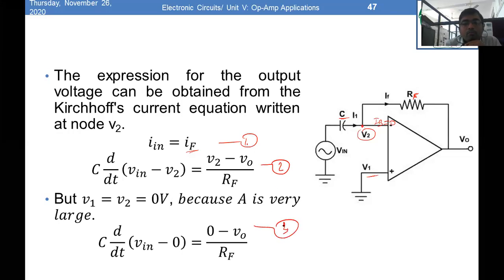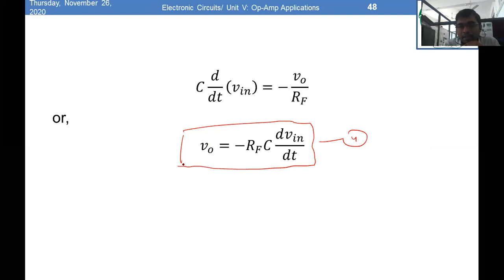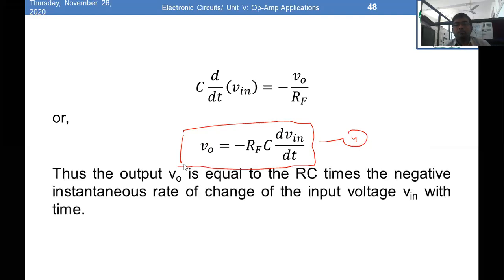Okay. So now what is the final equation? This would be C dVin upon dt is equal to minus V0 upon Rf, or you can finally write the equation of output voltage. Okay, that is V0 is equal to minus Rf C dVin upon dt.